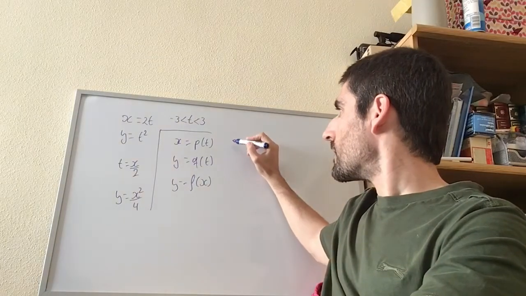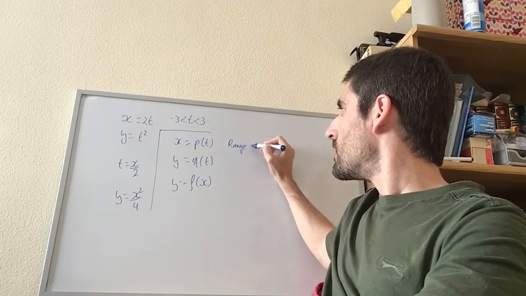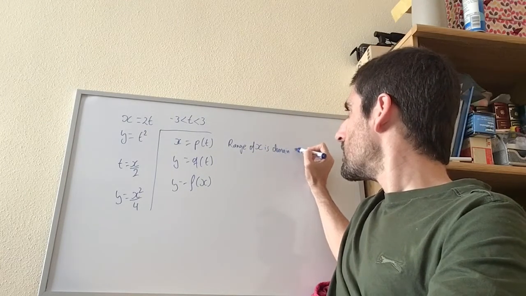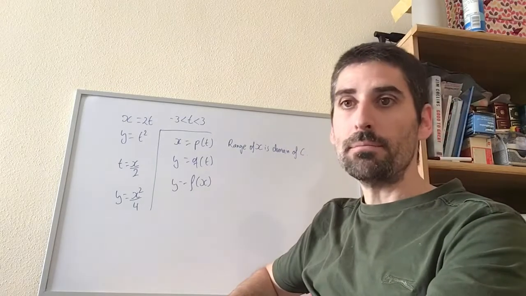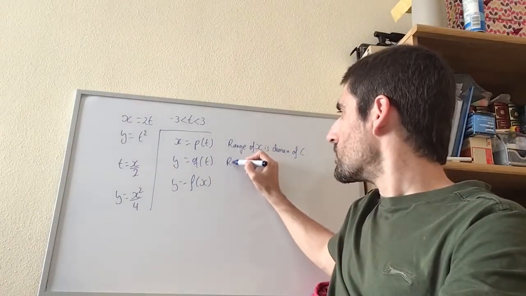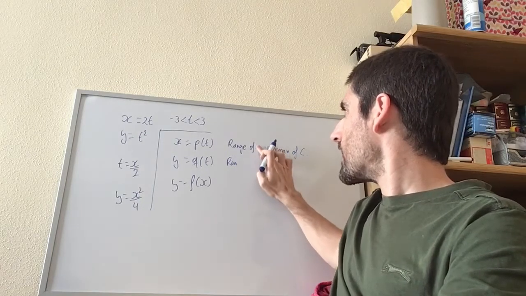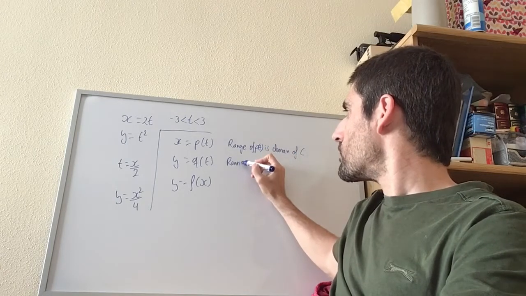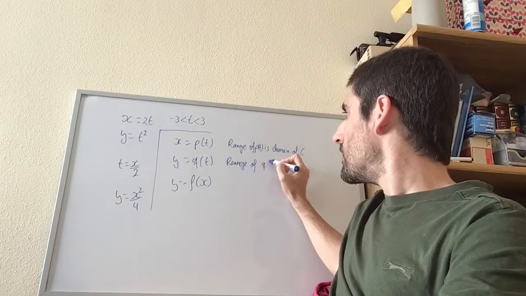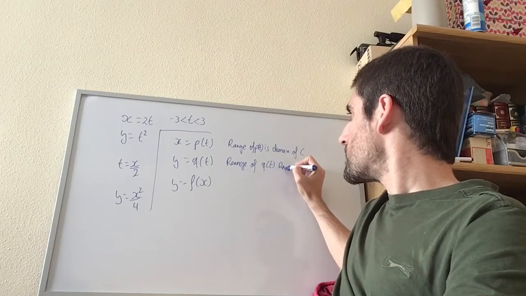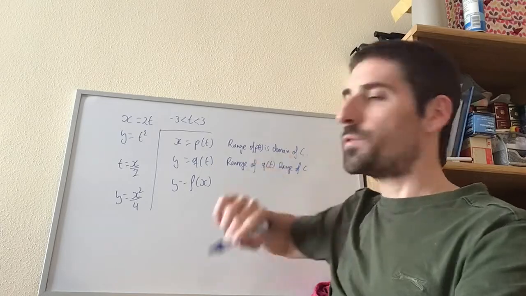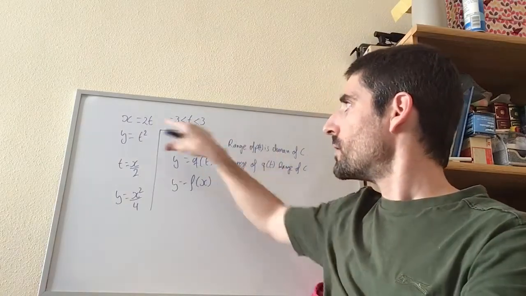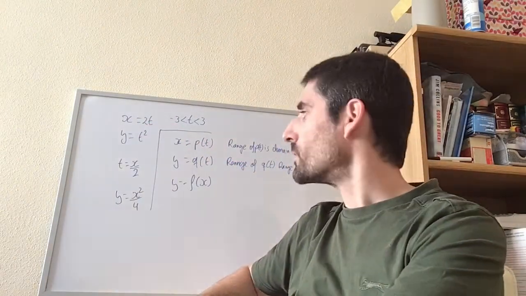Then I can say that the range of the x function is the domain of the Cartesian, and the range of the y function is the range of the Cartesian.